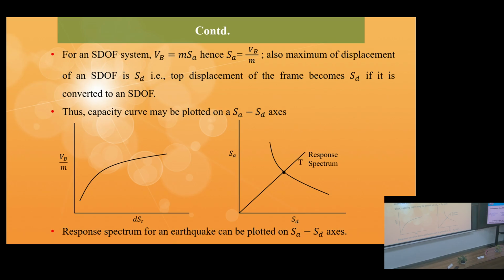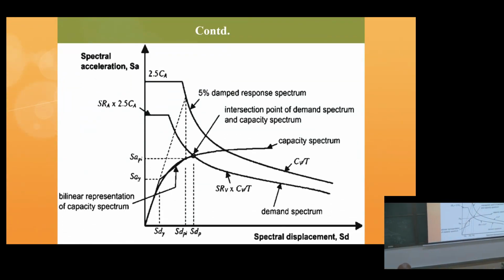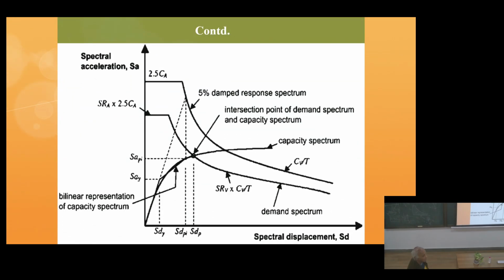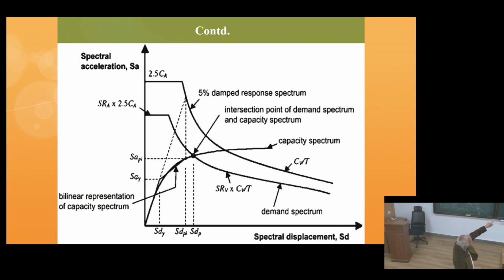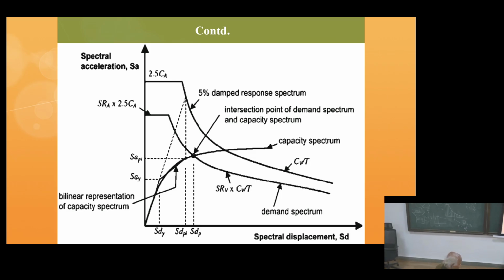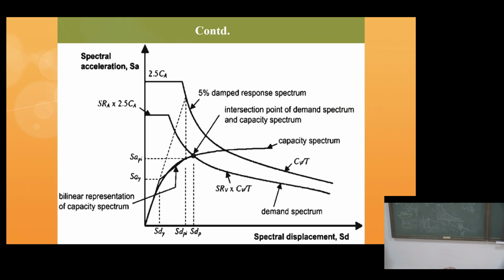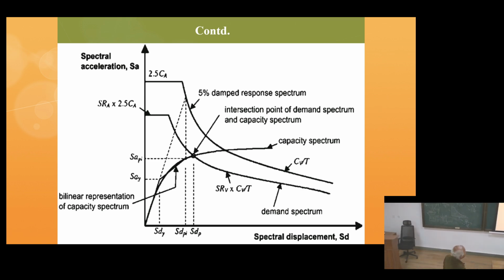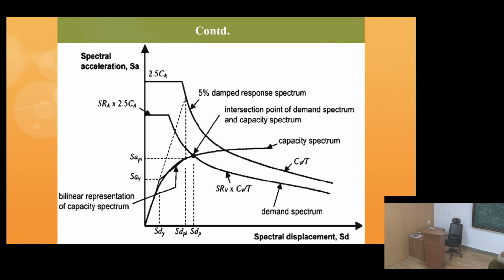So these two are now plotted in an SA-SD plot. On this side it is SA, on this side is SD. This is your response spectrum, and this is the capacity curve which you have plotted on SA-SD. And this point where it cuts, this is your performance point, where capacity is equal to demand.